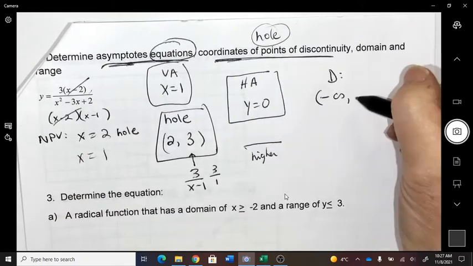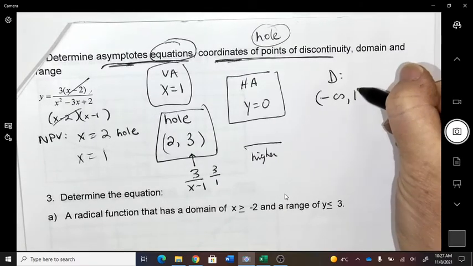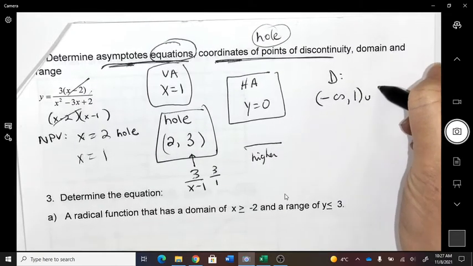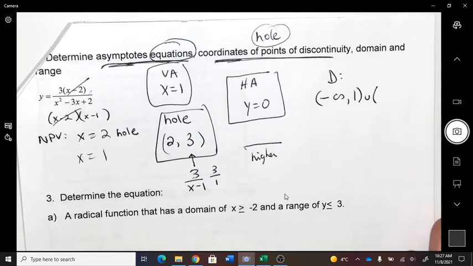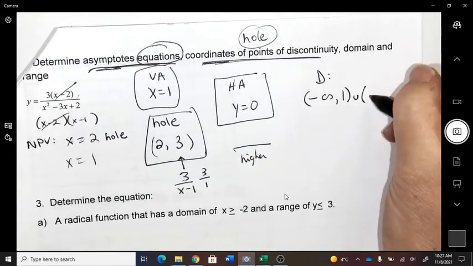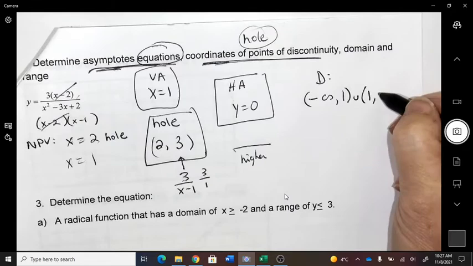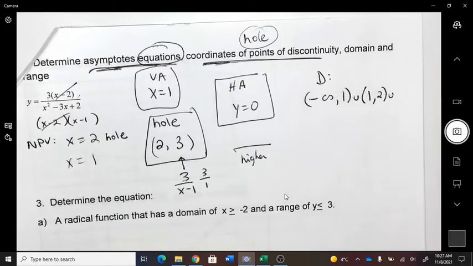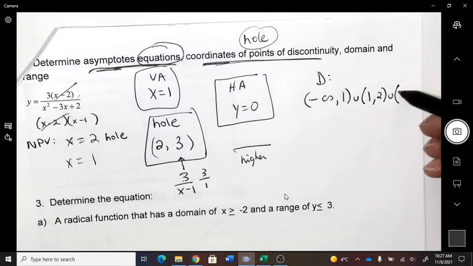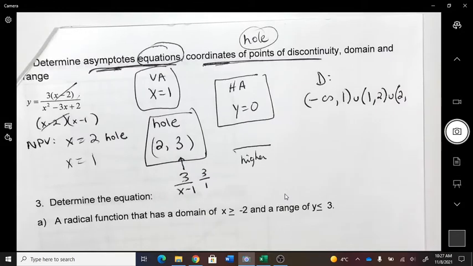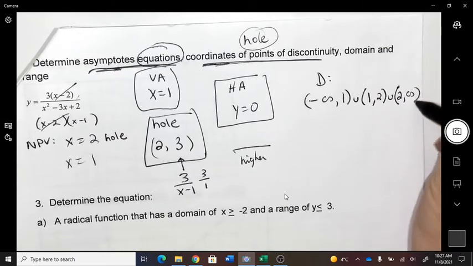So I'm going to get to 1 and then I'm going to skip over it and then I can continue again at 1. What's the next x value I can get to that I have to skip? 2. And then I can go from 2 again. And now I have nothing else in my way.